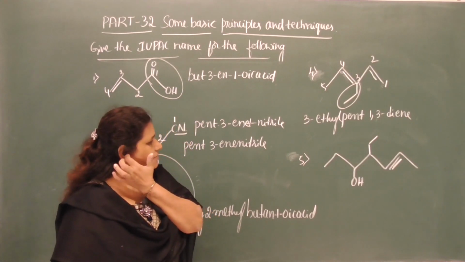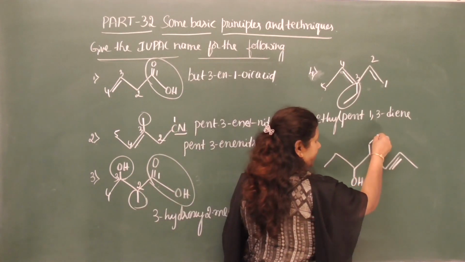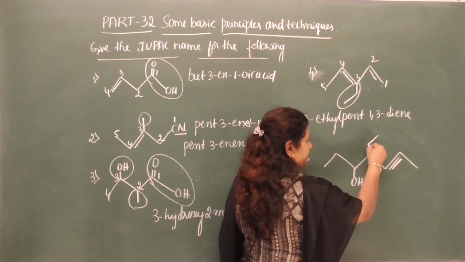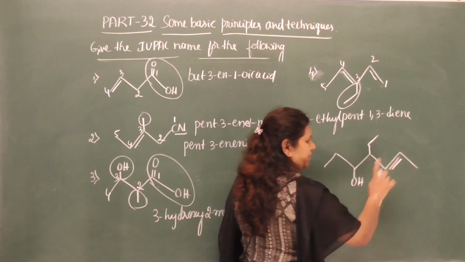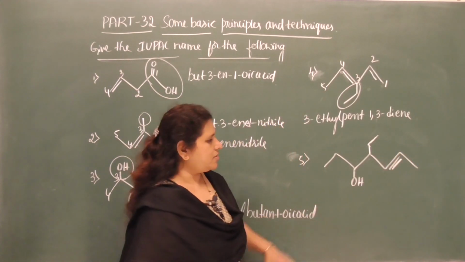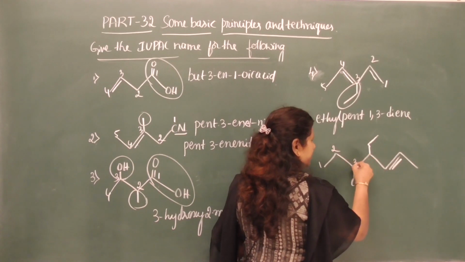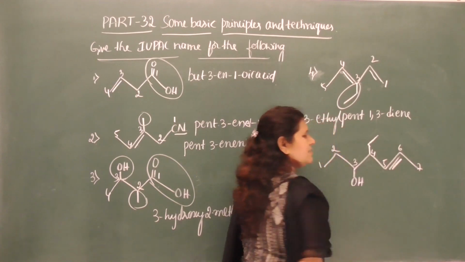So here we have a triple bond and the alcohol functional group, and this is an ethyl group. 1, 2, 3, 4, 5, 6 carbon atoms we have. If you select this chain, 1, 2, 3, 4, 5, 6, 7. So select the straight chain and give the number from this end, 1, 2, 3, 4, 5, 6 and 7.